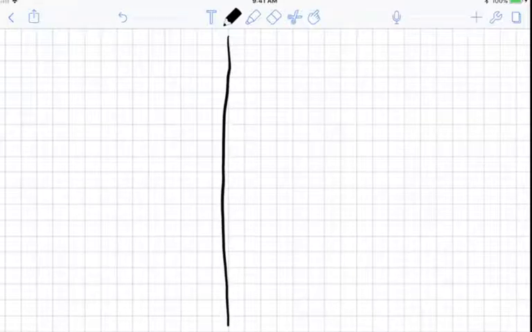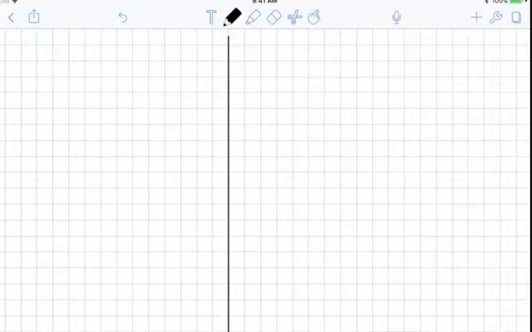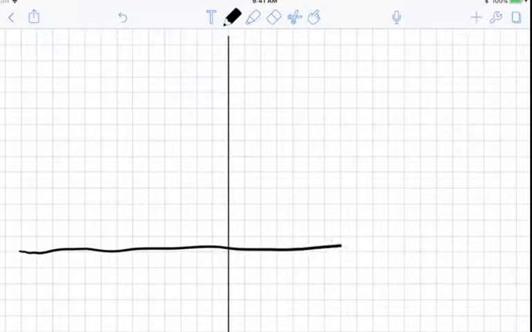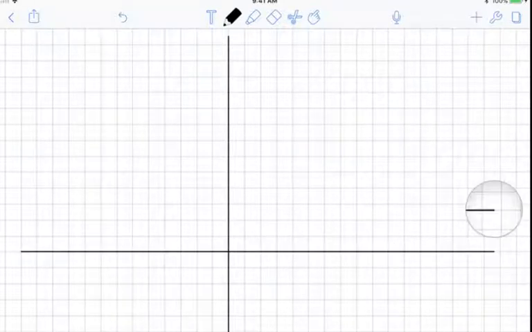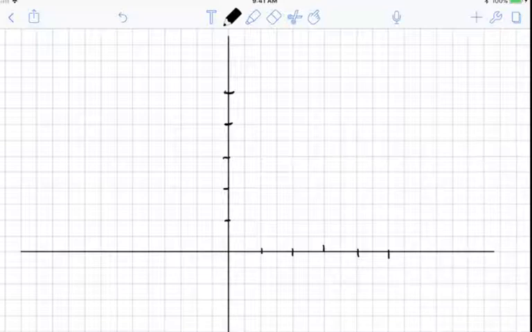So let's start with a graph here. Careful as we work here. All right, so 1, 2, 3, 4, 5 on each axis. That's x, that's y.